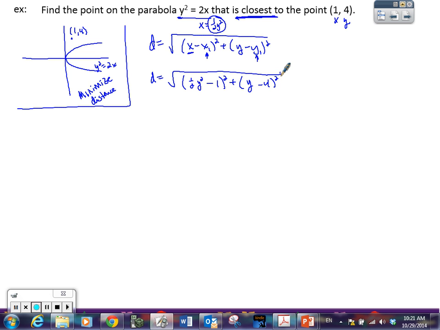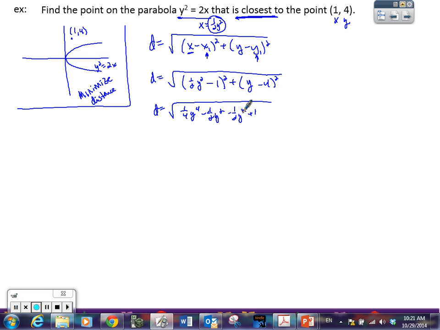I'm going to simplify first, and when I do that, I'm going to basically just FOIL all that out, and I get this. So 1/4 y to the 4th minus 1/2 y squared minus 1/2 y squared plus 1. That's my first piece.